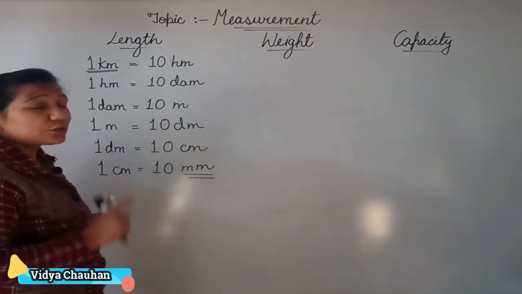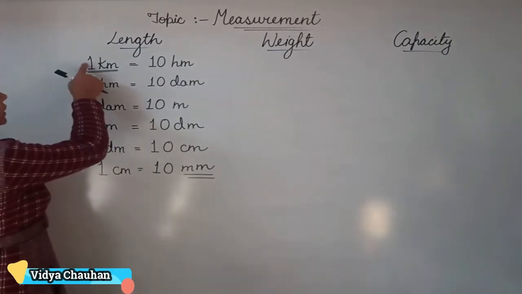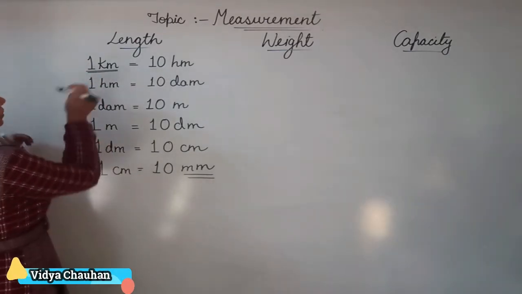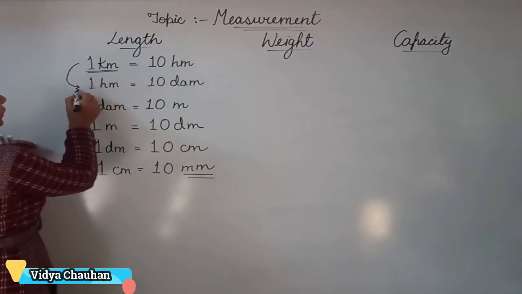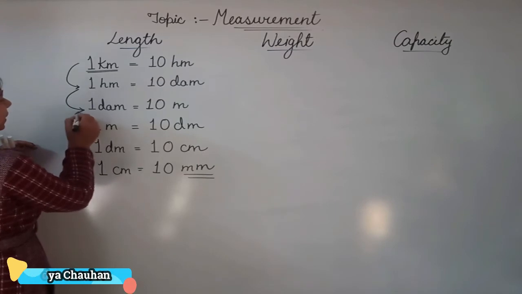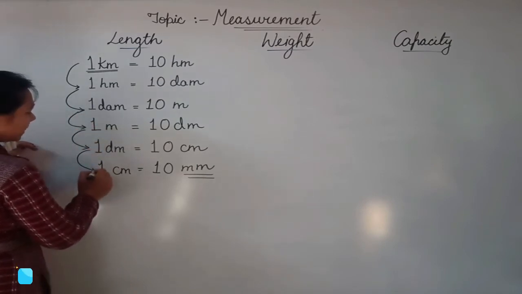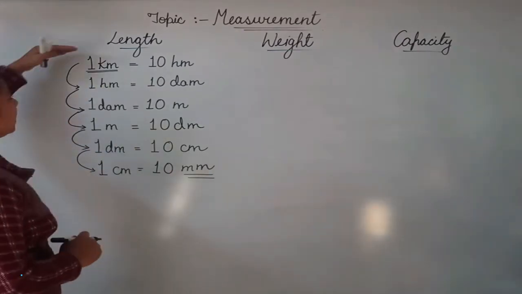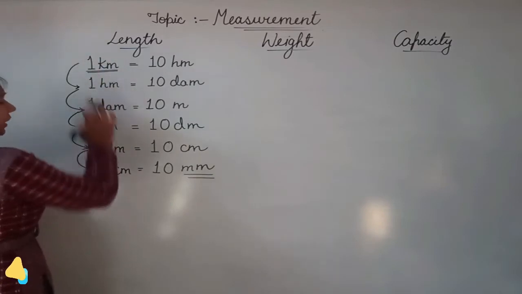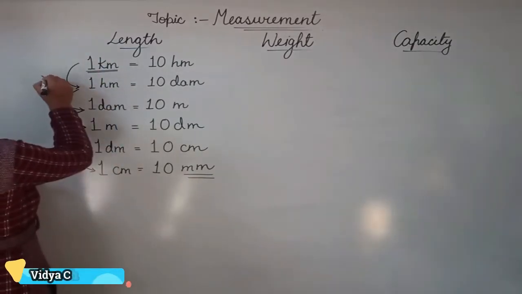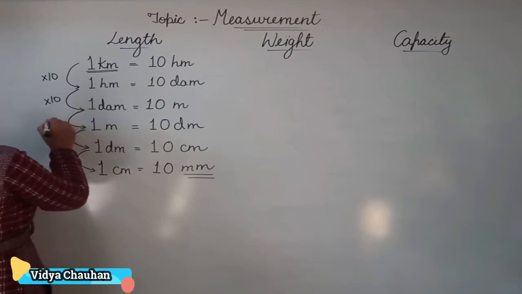Now, if you have to do any such conversion, I have explained earlier also that whenever we have to convert a bigger unit to a smaller unit, that means kilometers to hectometer, hectometer to decameter, decameter to meter, meter to decimeter or decimeter to centimeter, going from top to bottom, bigger unit to smaller unit, every time we multiply the term by 10.